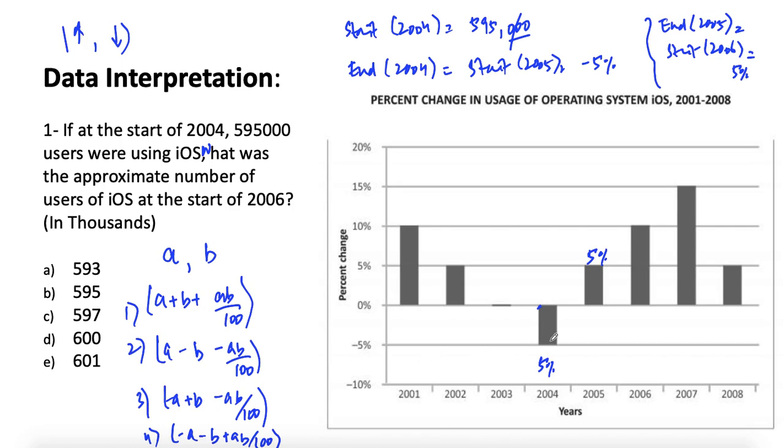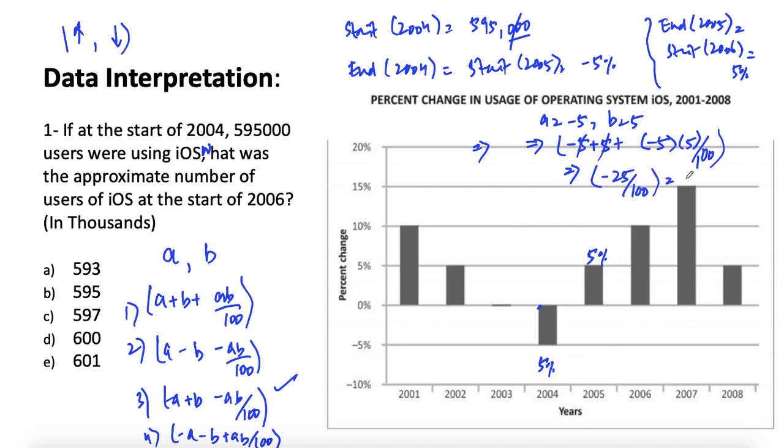So in this scenario, considering A as minus 5 and B as 5, what is the percentage change? That will be minus 5 plus 5 plus minus 5 into 5 by 100. So this will cancel out and this will be minus 25 by 100.